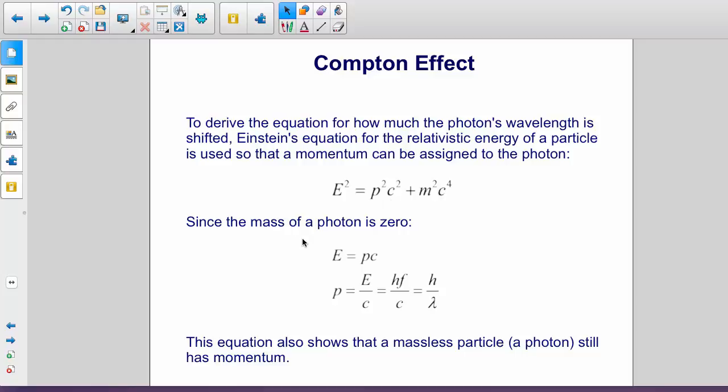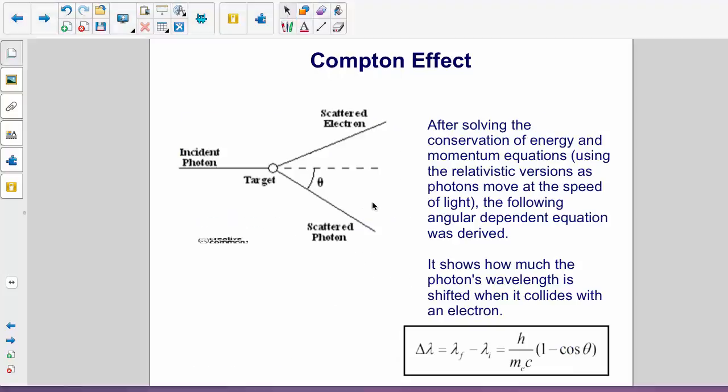But since the mass of a photon is zero, this becomes very simple. E equals pc. So the momentum of a light particle is given by E over c, or hf over c, or h over lambda. This equation shows that a massless particle, a photon, still has a momentum.